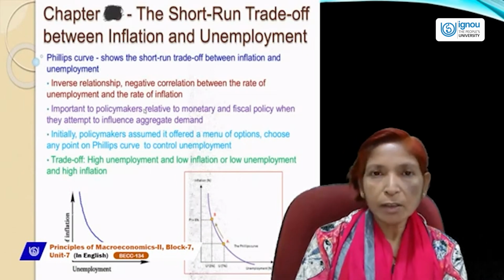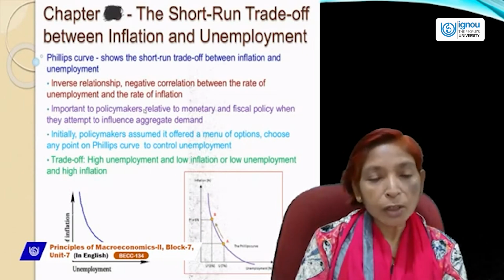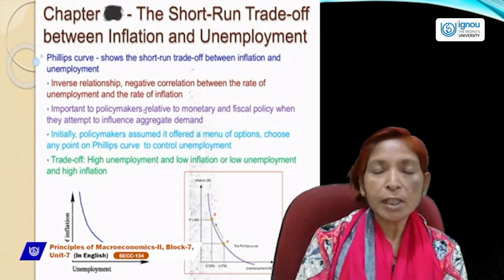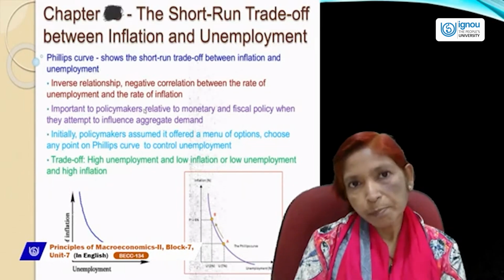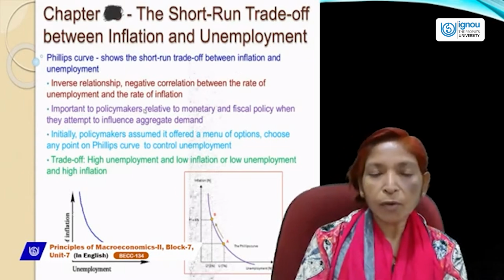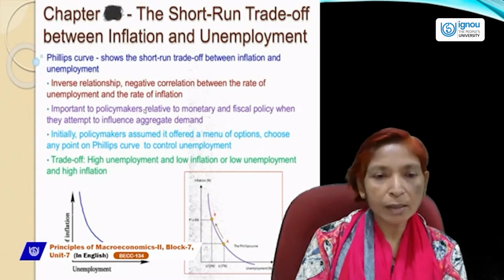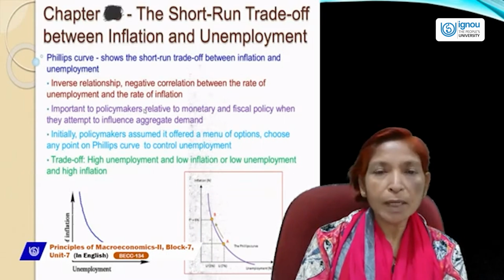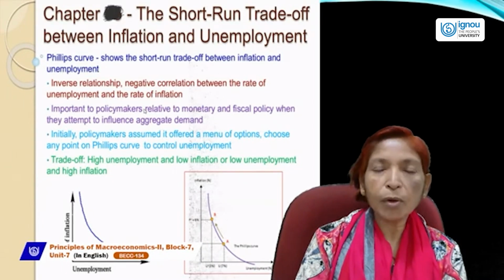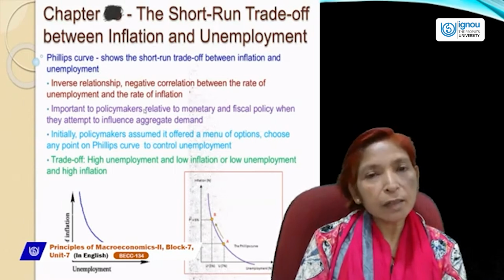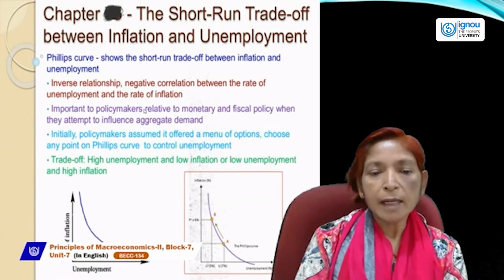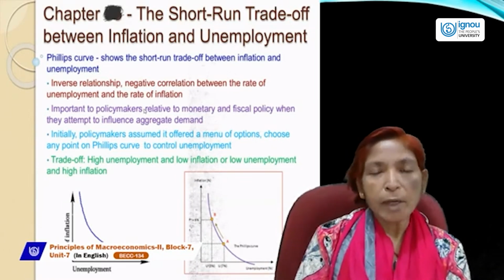If we want to control inflation, then inflation is controlled, but the unemployment problem will rise. And if the RBI follows a monetary policy in which inflation rises, by circulating more paper currency, coins, notes, etc., in that case inflation will rise and unemployment will fall.